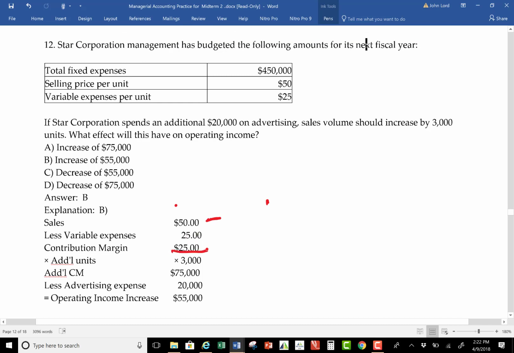So I'm going to have an additional contribution margin of $25 per additional unit I'm selling, right? So I sell an additional 3,000 units. That gives me an additional contribution margin of $75,000. Less the increase in the fixed expenses, the advertising cost, means my operating income should go up $55,000, right?